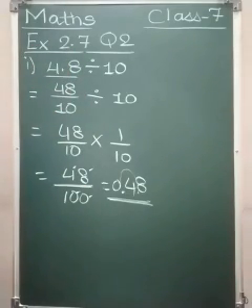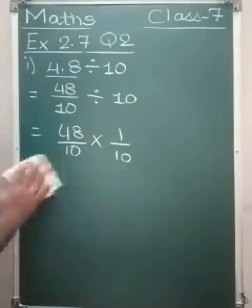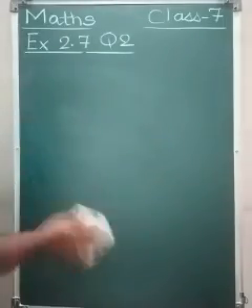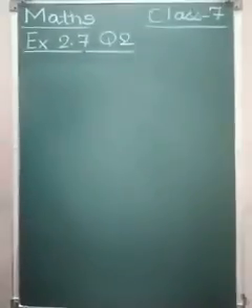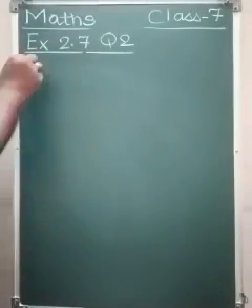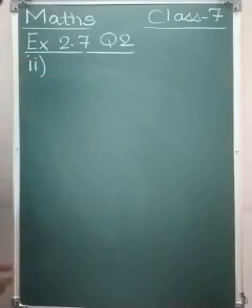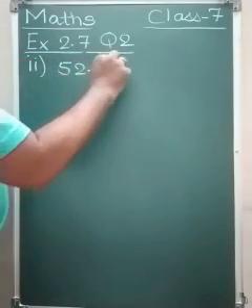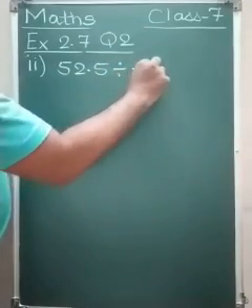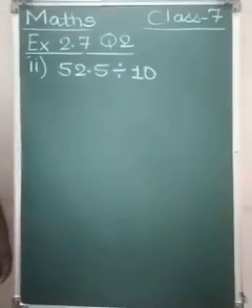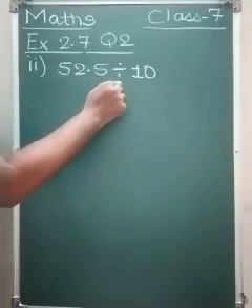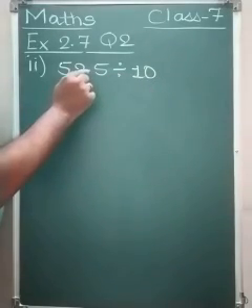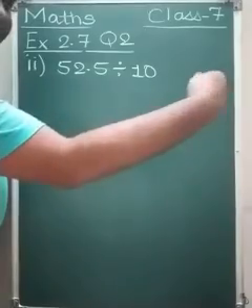Question number 2, 52.5 divided by 10. Again, as I told you, if multiplication by 10, 100 or 1000 is there, the decimal point will shift towards the right hand side.